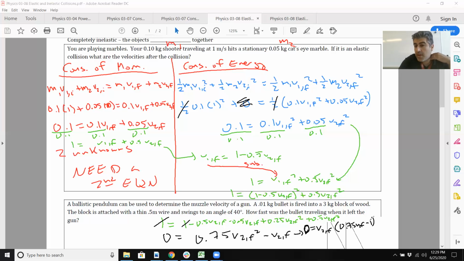If you continue working it all out, I believe your V2F could either equal 0, which is not true because it's moving, or it could equal 4/3. And if that's 4/3, when you plug it in, V1F will be 1/3 if you were to work it out.